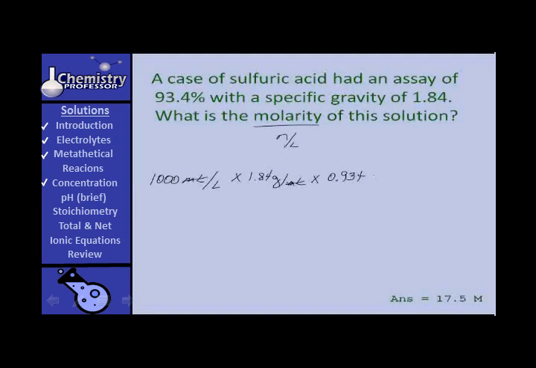This is going to give me the mass of sulfuric acid, which I can very readily convert to moles by 1 mole over 98 grams. Yes, and grams are going to cancel here and here, and it's going to leave me with an answer of 17.5 molar, or 17.5 moles per liter. There you have it.